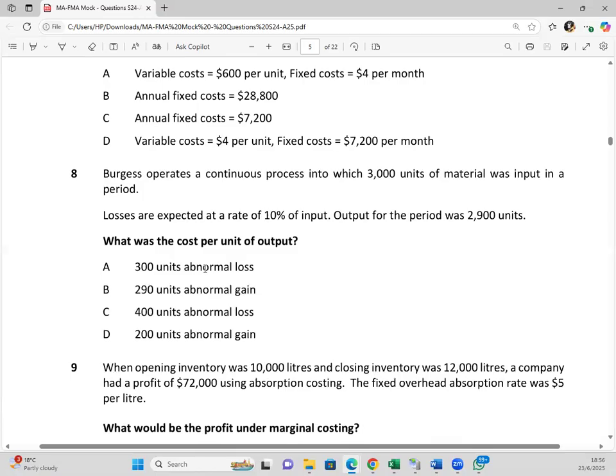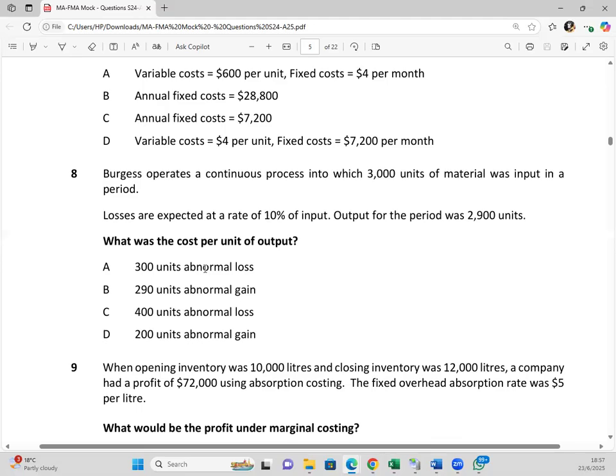Then they are saying 300 units abnormal loss, 290 abnormal gain, 400 units abnormal loss, 200 units abnormal gain. In other words, the question is not clear, but they are simply saying, is there an abnormal loss or is there an abnormal gain, and of how much? So can you calculate first? The input was 3,000, the normal loss expected was 10% and the output was 2.9.